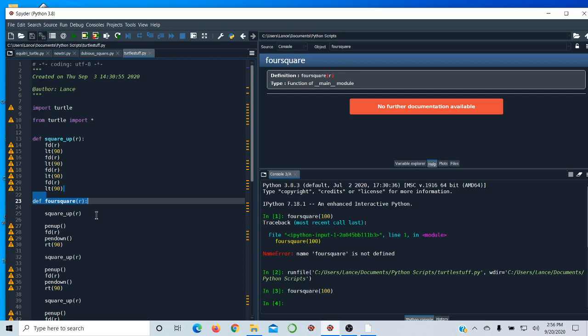And how do you move? We want to move the turtle, and we want to make sure we don't leave any marks that we didn't intend.